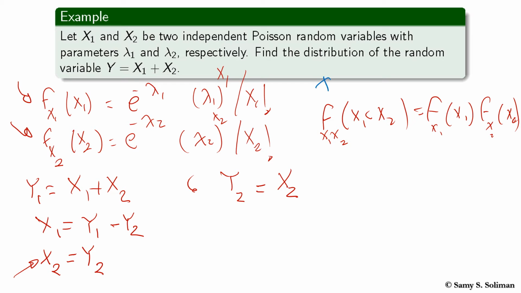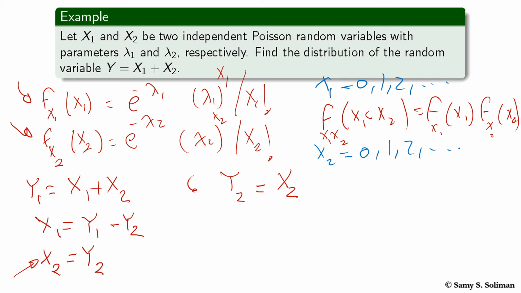So x1 can take values 0, 1, 2 and so on, and x2 can take values 0, 1, 2 and so on. For the two random variables y1 and y2, what will be the range of each one of them?